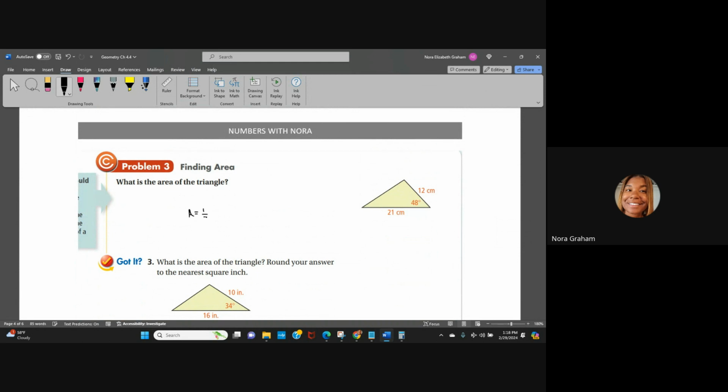And this is just basically substitution. 12 times 21, since we are doing multiplication, it doesn't matter if I put 12 or 21 first. Okay, they can be switched around. And then times the sine of 48.